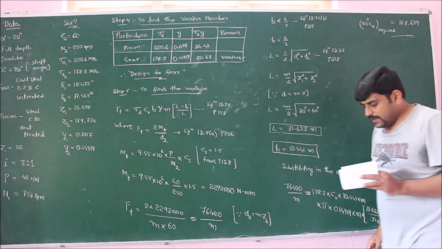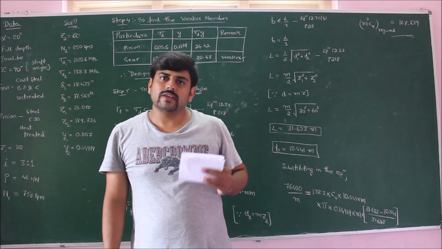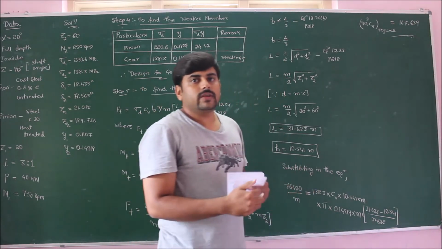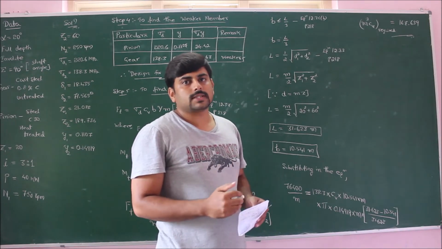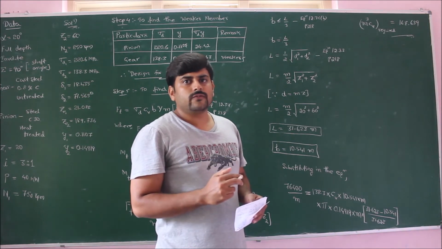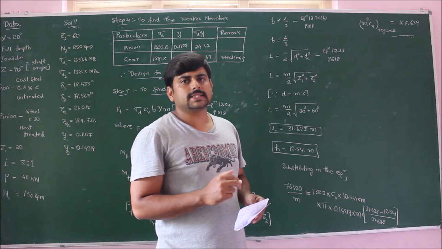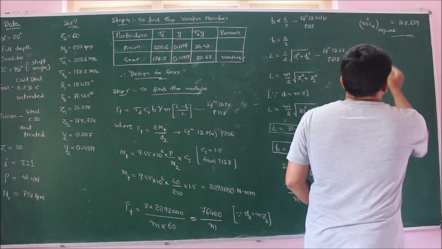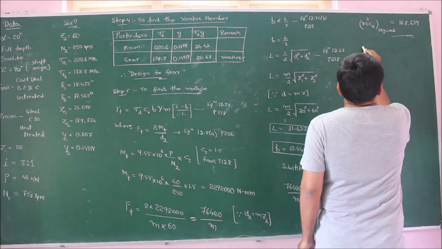Now to find the value of module, we should go for the trial and error method, which is very simple in this case, because for CV we have only two equations: if the teeth are made by form cutting or if the teeth are made by generation. So assuming generated teeth, we can find the module from the trial and error method.